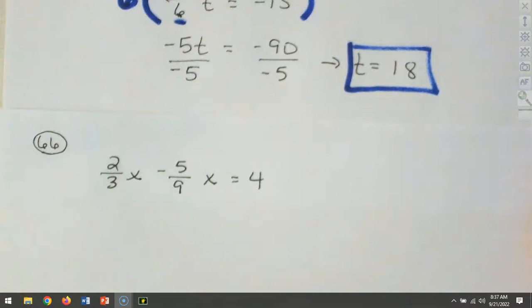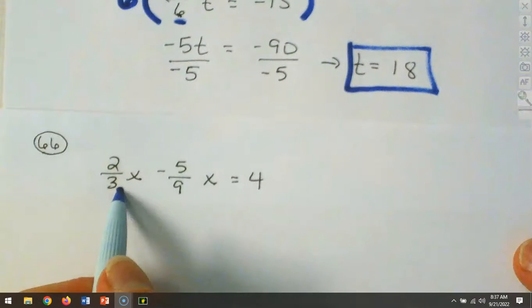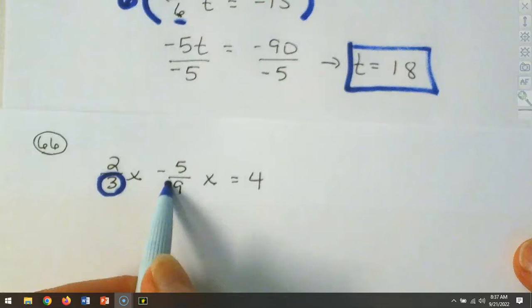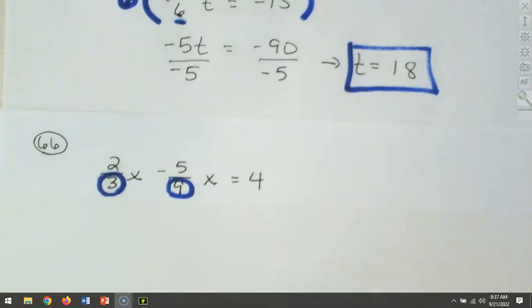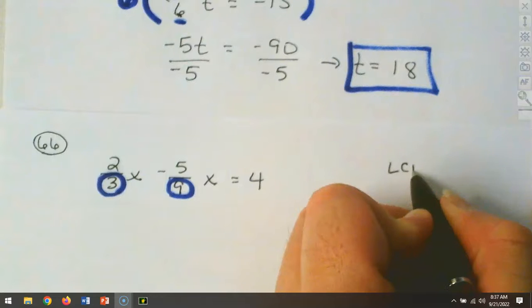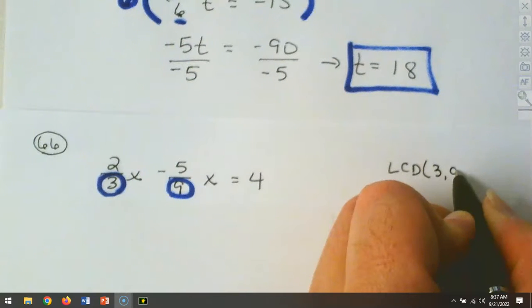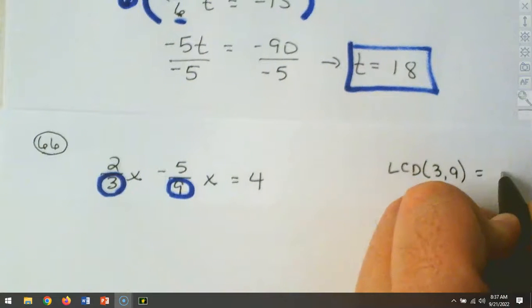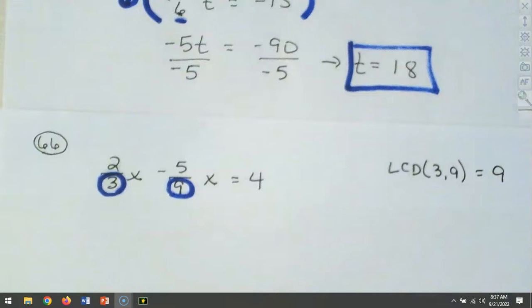So I want to clear out my fractions. The first thing I look at is my denominators. I've got a 3 and I've got a 9. What's the least common denominator of 3 and 9? 9, right? Because that 9 goes into both of them. Is everyone okay with that? We're going to really take our time with this one and the next several so we see how to clear the fractions out.